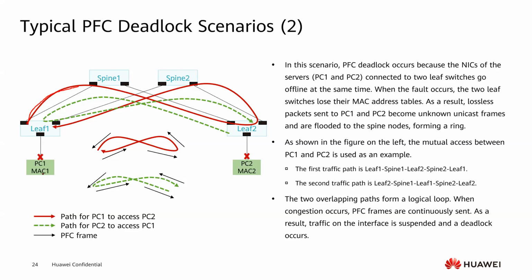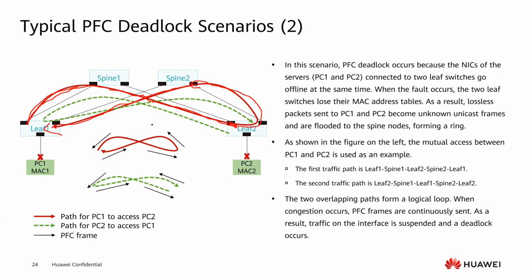We can see here PC1 sends the packet to leaf1. Leaf1 sends the packet to spine1. Spine1 sends the packet to leaf2. Because leaf2 determines this packet is an unknown packet, it will flood to other interfaces. So it will send the packet to spine2, and spine2 receives an unknown packet and sends it to other interfaces, and then to leaf1.